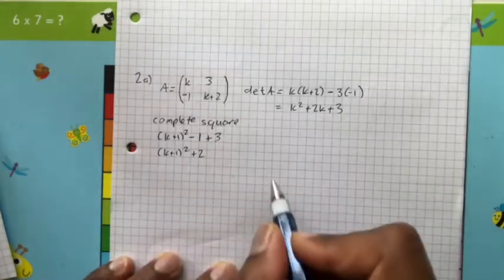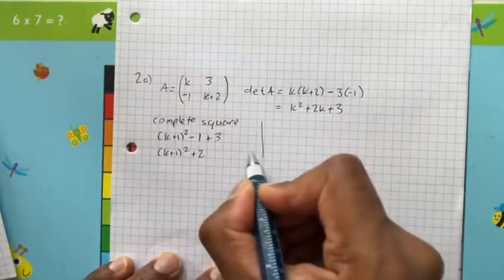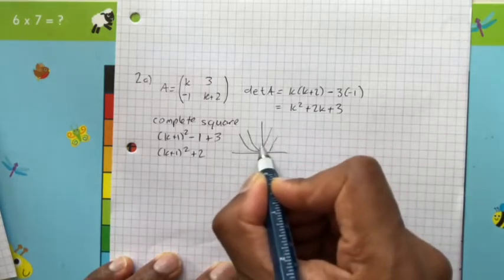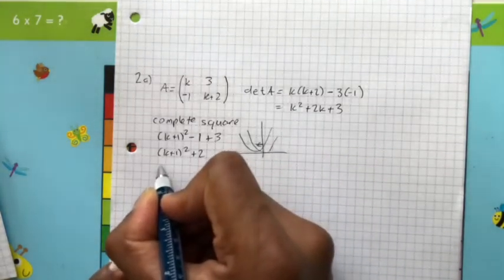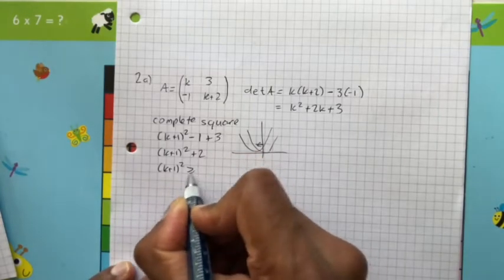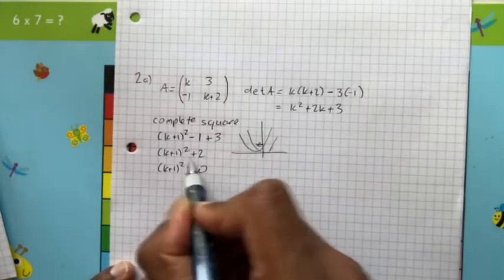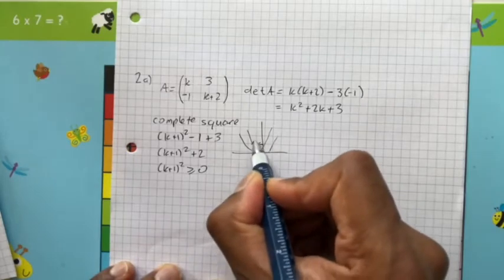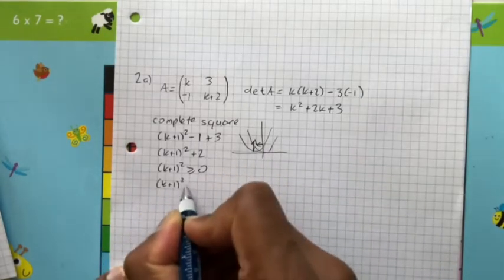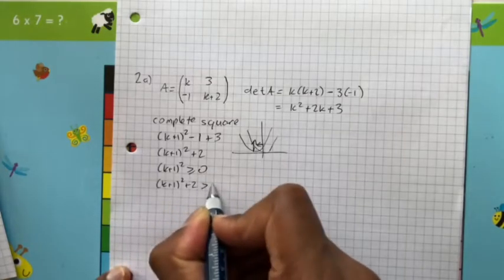Now k plus 1 squared is just a graph of k squared, which is like that, translated 1 square that way. So k plus 1 squared is greater than or equal to 0. So the plus 2 would shift it up 2 places. So therefore, k plus 1 squared plus 2 must be greater than 0.